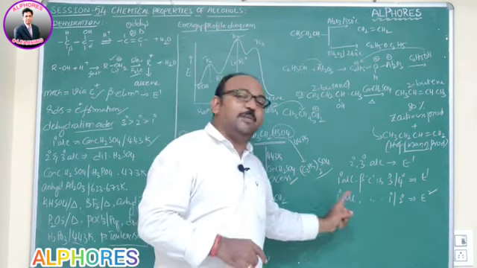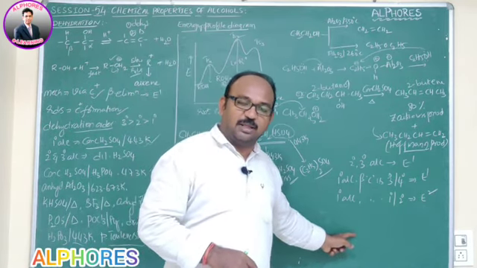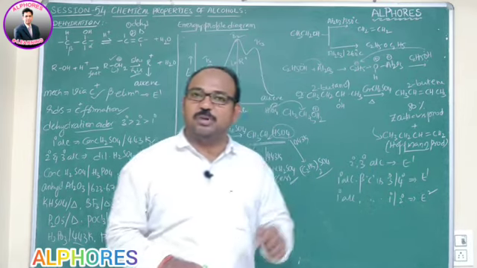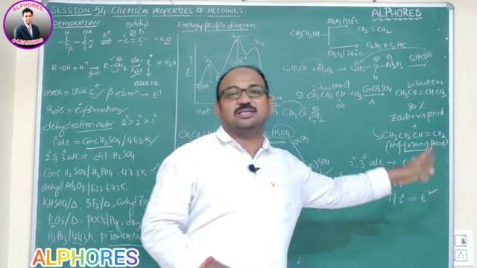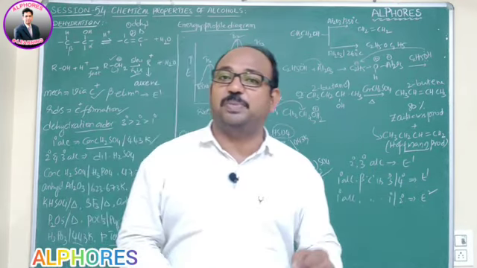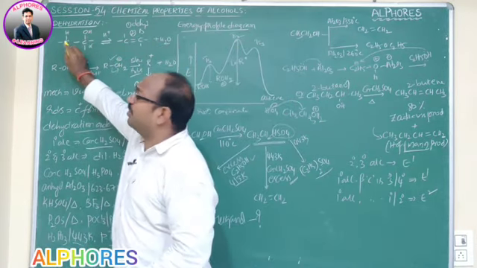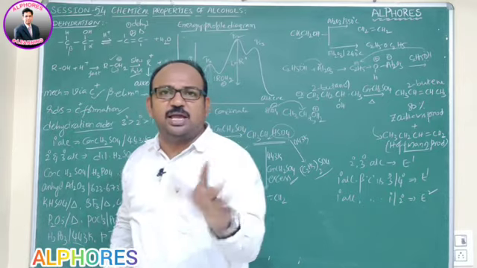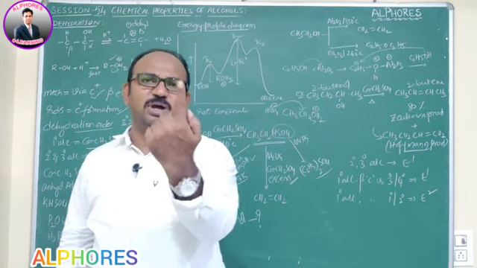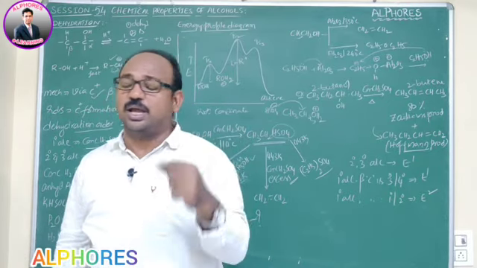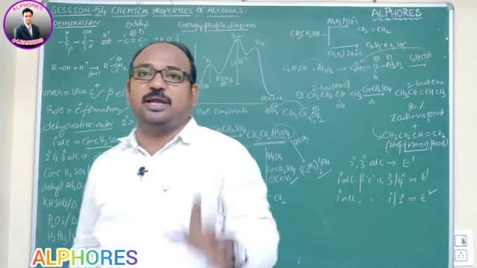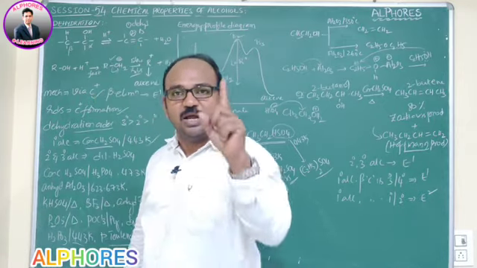And if a primary alcohol has a beta carbon that is either primary or secondary, that means the beta carbon is not attached to any alkyl group, all are hydrogens, or just one alkyl group.